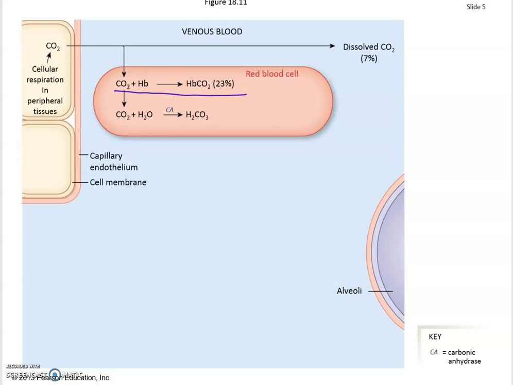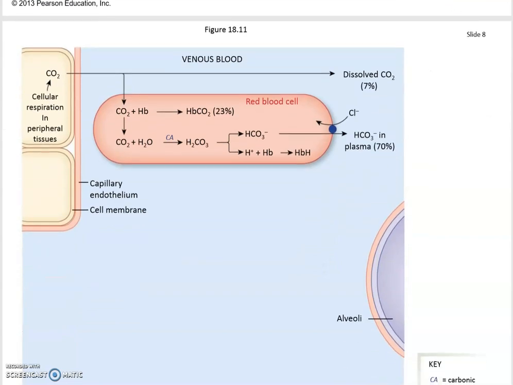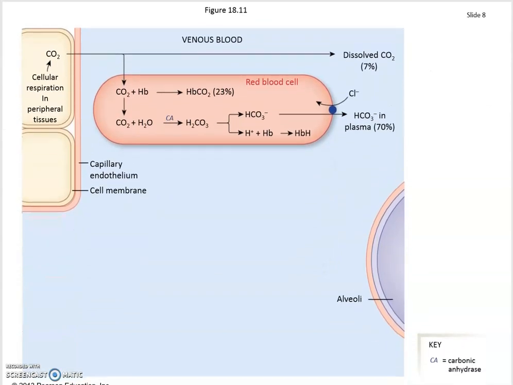The vast majority will combine with water to form carbonic acid, H2CO3. This H2CO3, the carbonic acid, will dissociate into bicarbonate ions and hydrogen ions. The hydrogen ions will bind to hemoglobin, forming this hydrogenated hemoglobin.